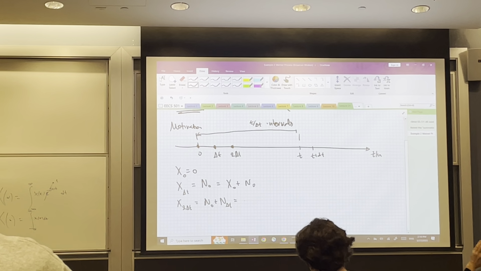Well, this is the mean of xs xt minus the mean of xs squared. This is Rx of s comma t minus Rx of s comma s. If s is smaller than t, this is sigma squared times the minimum of s comma t, which is s, minus sigma squared times the minimum of s comma s, which is s.